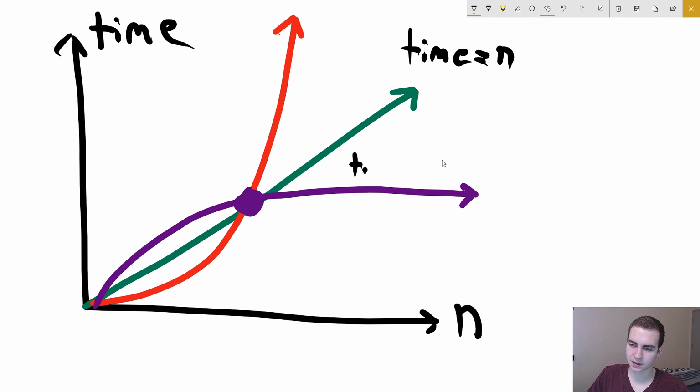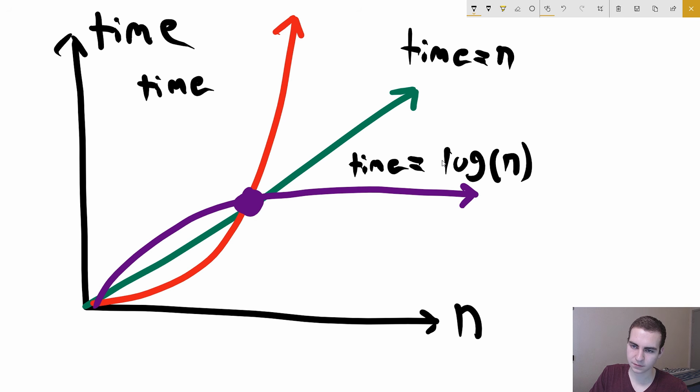This function could be something like time equals log of n. And this function could be something like time equals n squared, like a quadratic function, which would go like that too, but we don't care about the negative side. Okay, so 3 different functions.